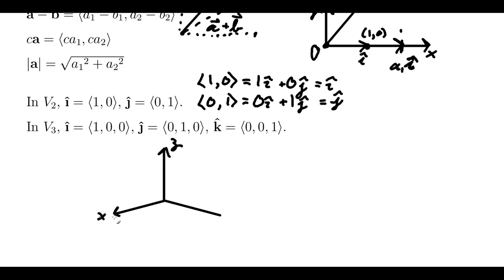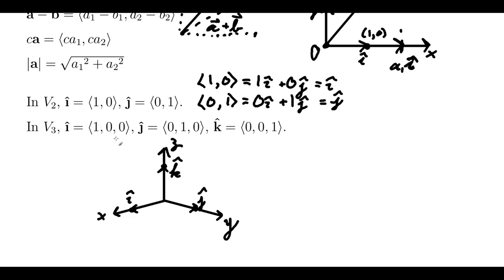So if we have our x, y, and z axes with I, J, and K, well, I is located at 1, 0, 0, J is located at 0, 1, 0, K is located at 0, 0, 1. So using the coordinates of the terminal points, we can translate those into component form.